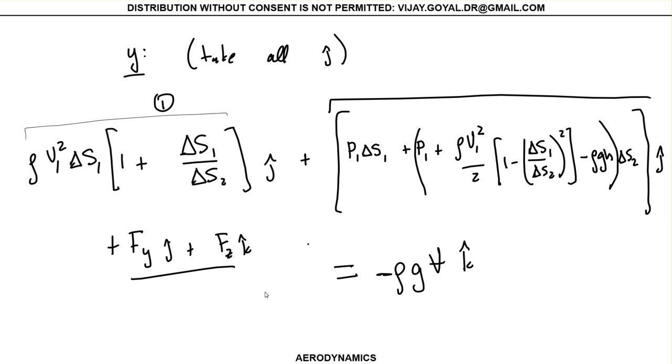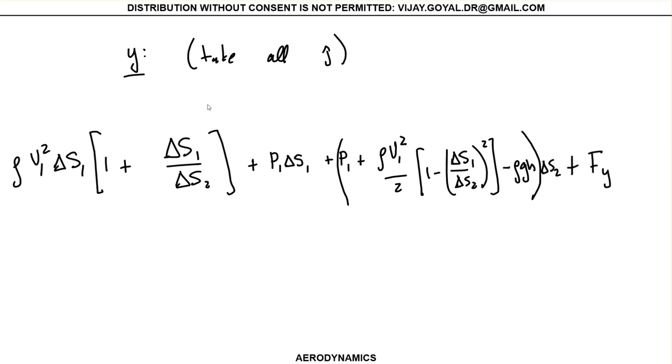You just take everything in the j direction, I just rewrote it, and that's equal to 0, and then I can solve for f.